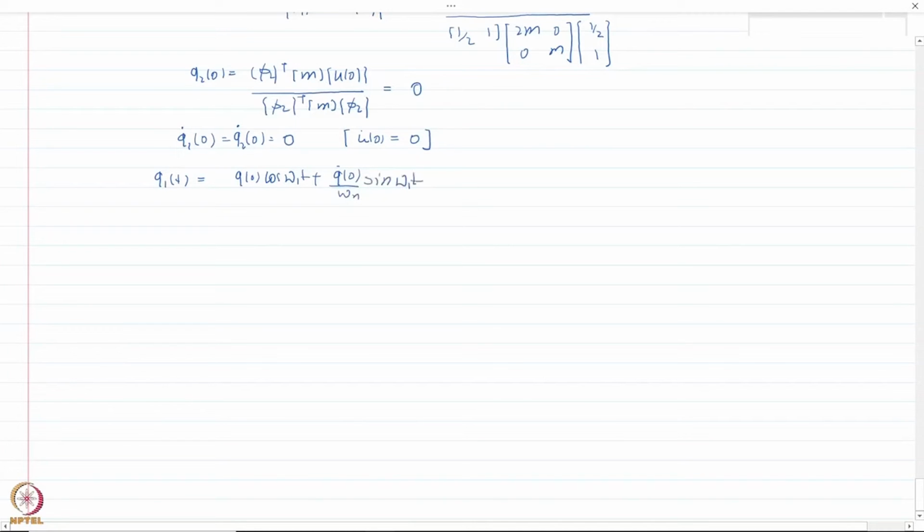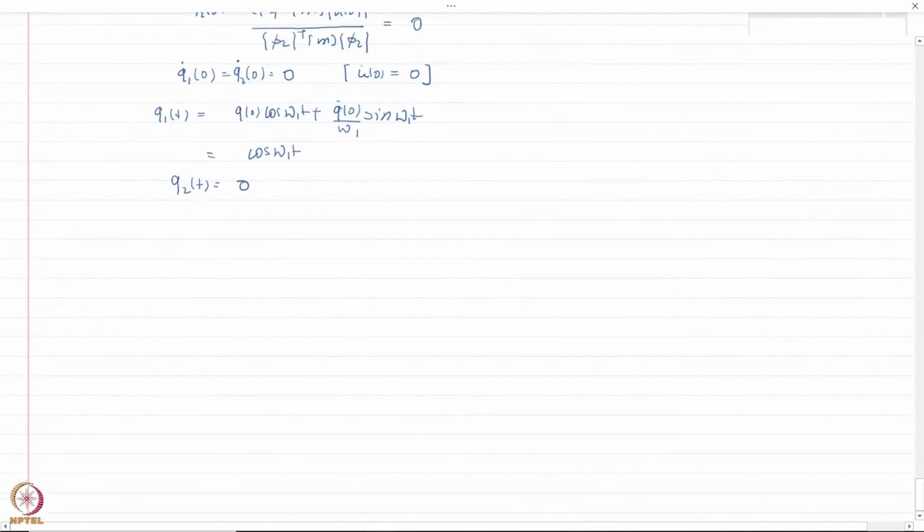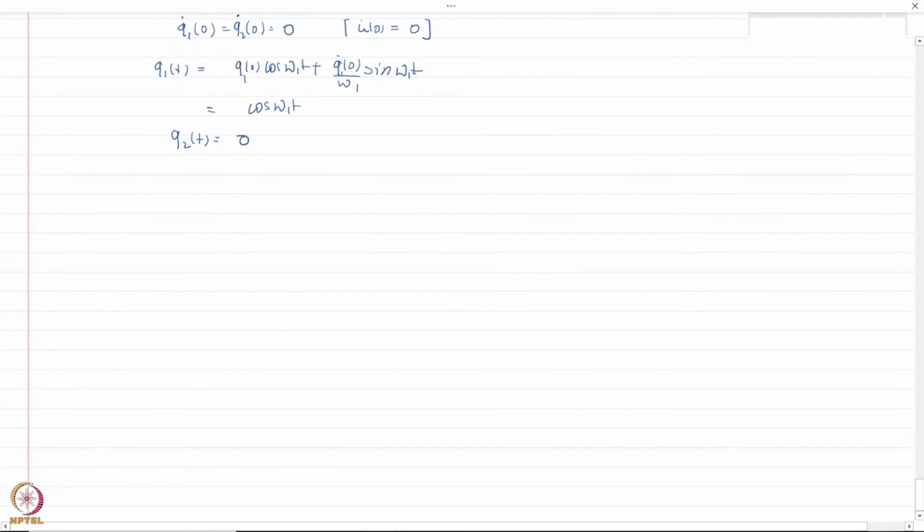This is omega 1. The second term is equal to 0, and q0 is 1, so I am left with cos omega 1 t. q2 of t would be equal to 0, because q2 of 0 is equal to 0 and q2 dot 0 is equal to 0. So these two, q1 of t and q2 of t, we have obtained as these expressions.